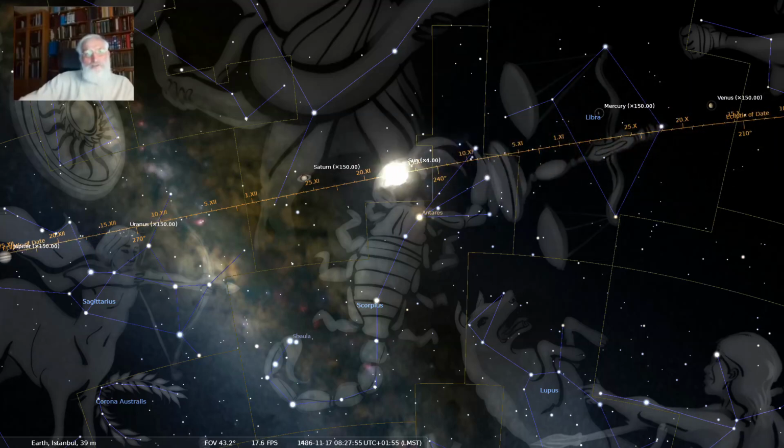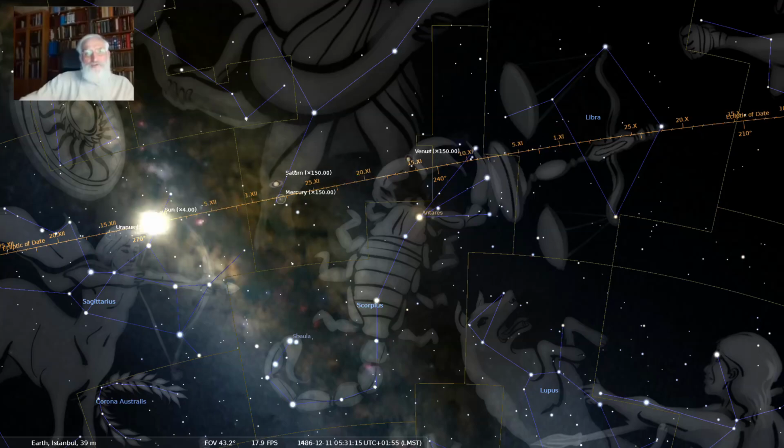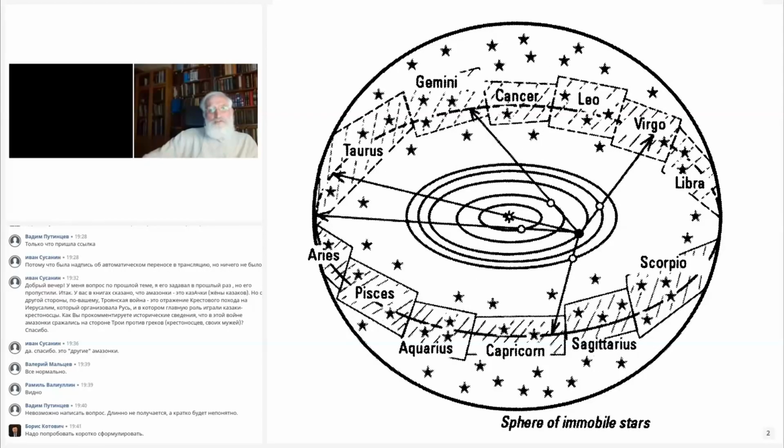All these moving stars or planets move along the same celestial path, namely, along this circle. Today, it's called the ecliptic, but in ancient times, it was called the zodiac and was marked out.